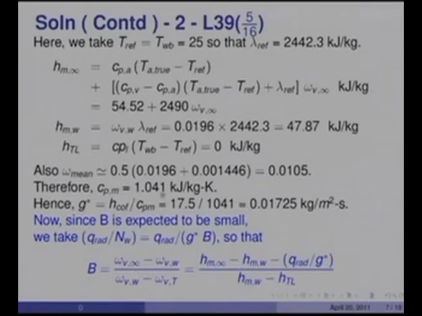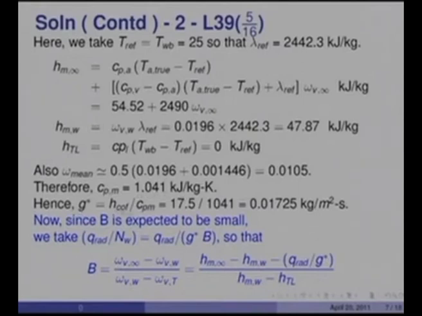So, that CPM is not too seriously affected by this choice, although we do not know this value. This is simply to avoid iterative solution, because CPM will not be influenced too much by the value of omega V in the infinity state. So, omega mean is taken as 0.0105, and therefore, CP mean is taken as 1.041.